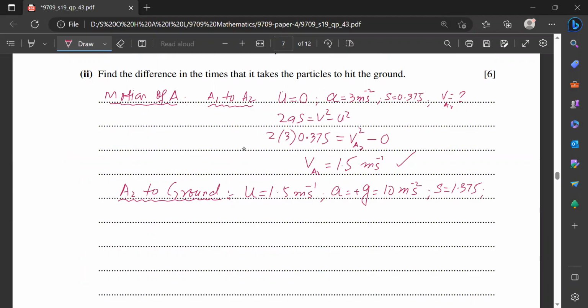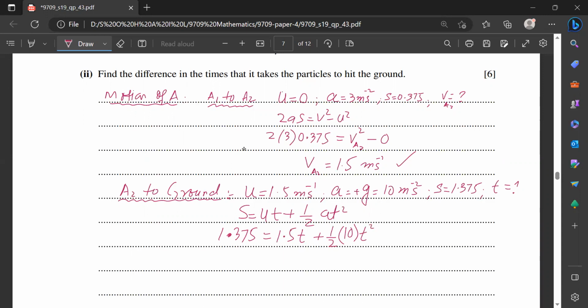And the question is, time is question mark. Here you can use the equation s equals ut plus half at square. So the distance is 1.375, u is 1.5, which is the final velocity of the previous motion from A1 to A2, into time, question mark, plus half into a, which is 10, into t square.